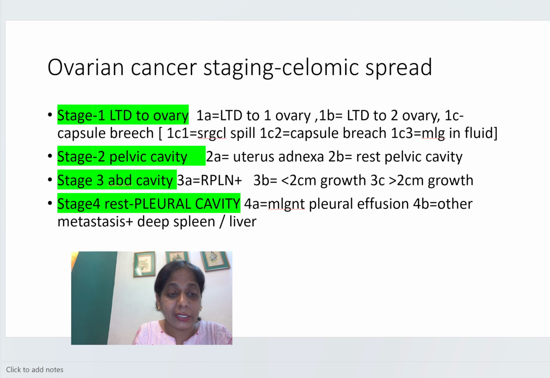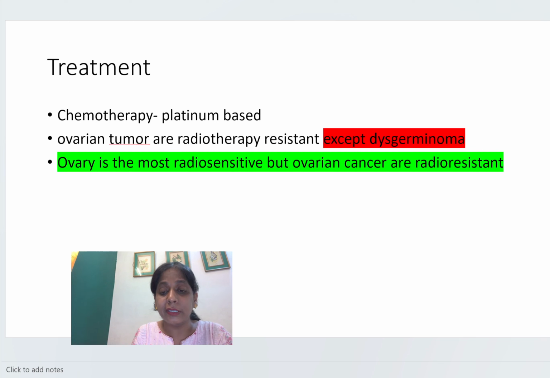The last slide now we are having on the treatment of the ovarian cancer is that the ovarian cancerous cells are resistant, all the ovarian cancers except dysgerminoma, they are resistant to radiotherapy.